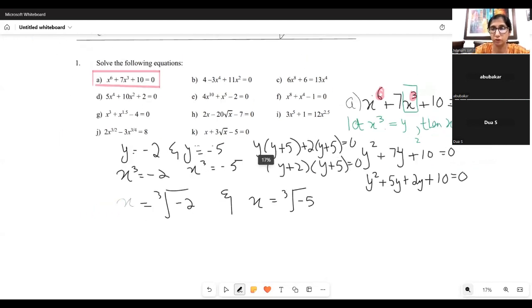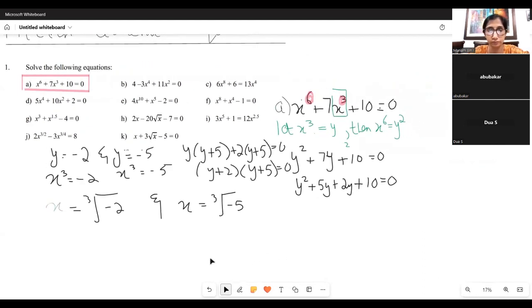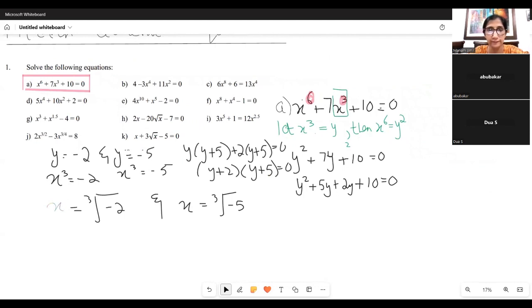These should be our two final answers of the hidden quadratic equation. Any questions here? No. Okay, so let's do part B now.